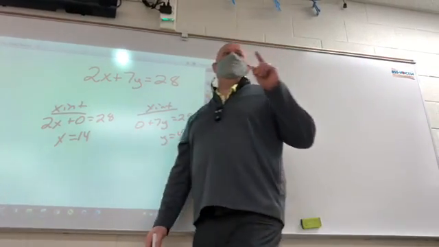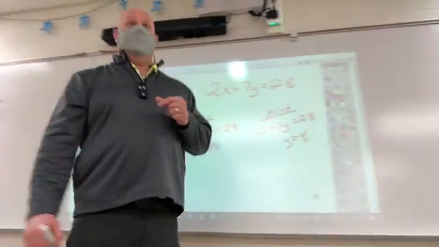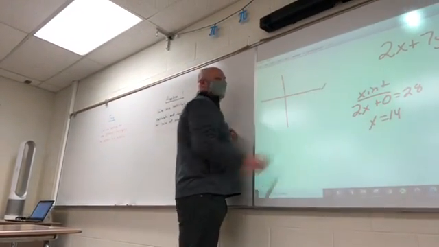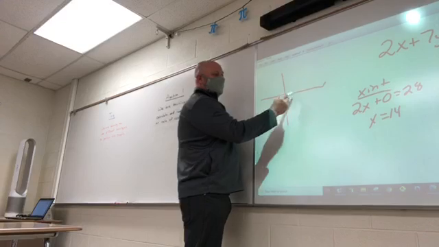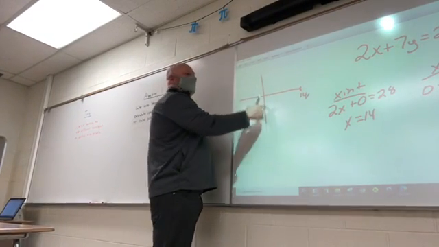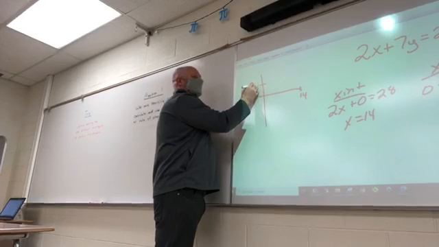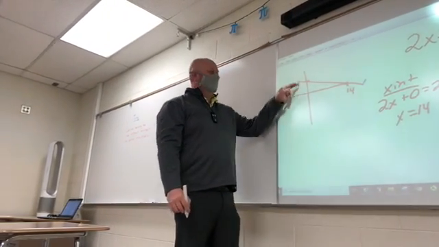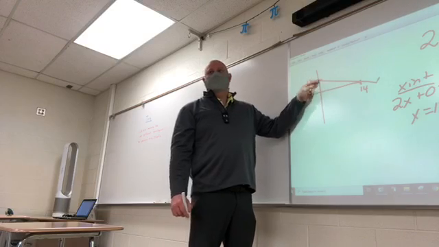If I ask you to use that to find the slope, think about it graphically. You have the point on the x-axis, it's 14. On the y-axis, it's up 4. What's the slope of that line? What's my rise?